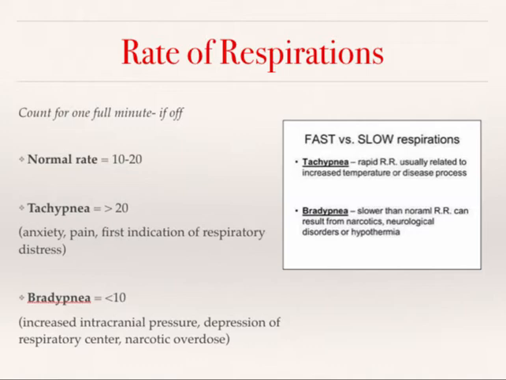Another area too is narcotic overdose. I know we talked about this in pharmacology, but with narcotic overdose, that respiratory drive is depressed. So bradypnea means lower respiratory rate. Hypothermia is another one that can cause it, but neurologic disorders are one of the common culprits. Or even something like sepsis too.